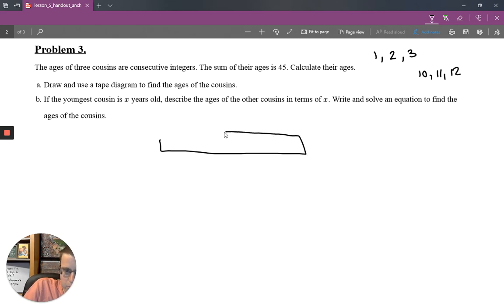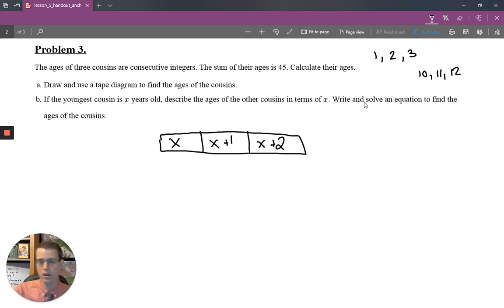the way a tape diagram works is you've got this rectangle that we're going to call the tape, and we're going to divide this into the 3 kids. If the youngest cousin is X, the next one is the age of the youngest plus 1. The next one is the age of the youngest plus not 1, but 2. If this was X, plus 1 was 2, plus 2 is 3. If this was X, plus 1 is 11, plus 2 is 12.